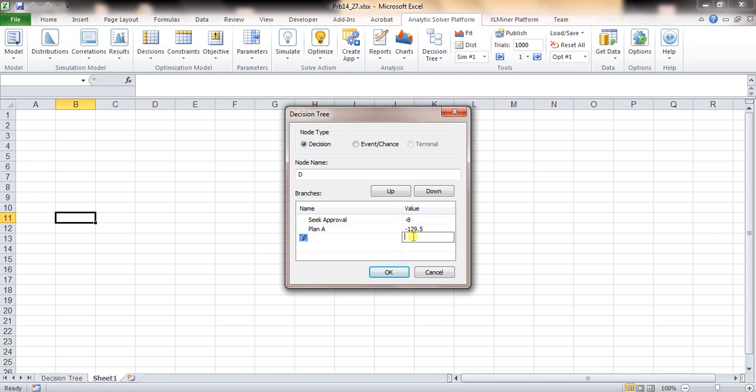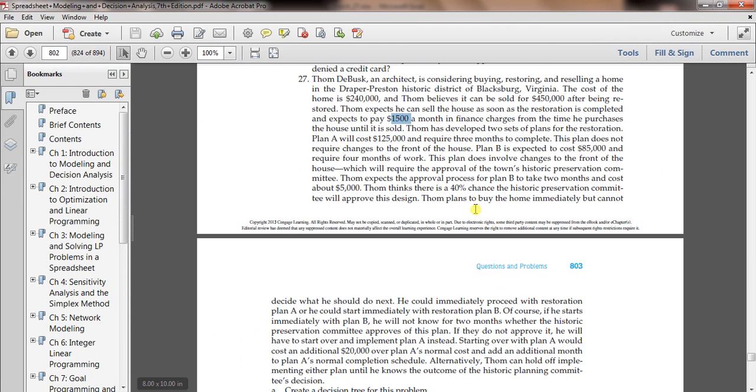And for plan B, if we start immediately without taking approval, it is going to cost us 85,000 and 4 months. But for the first 2 months, before the committee can give their outcome, the committee will give the outcome in 2 months.